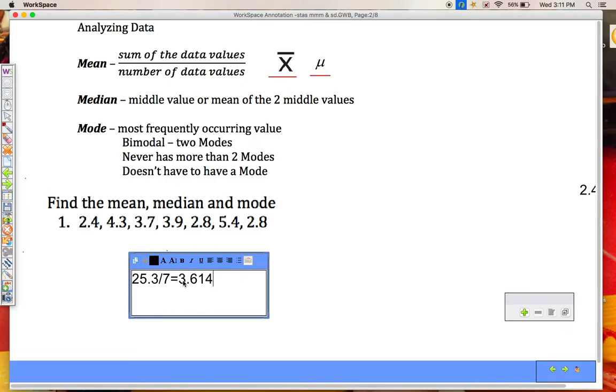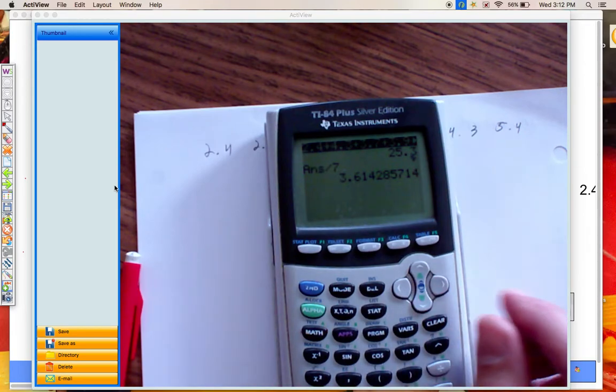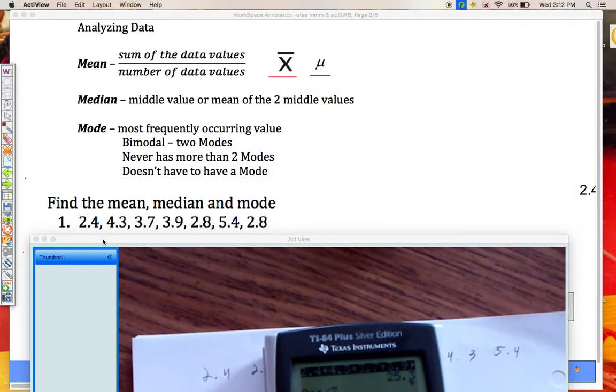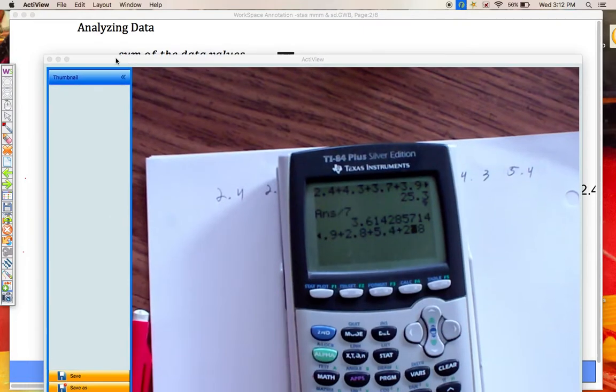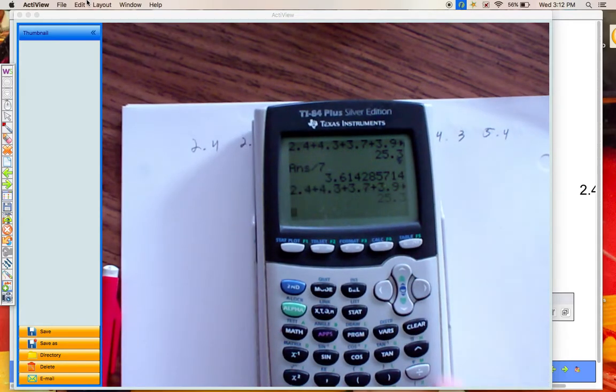But when you do this, double check that you typed in the numbers correctly, and I'm doing that on my calculator now. 2.4, 4.3, 3.7, 3.9, 2.8, okay, so we're good. All right, there's my mean.